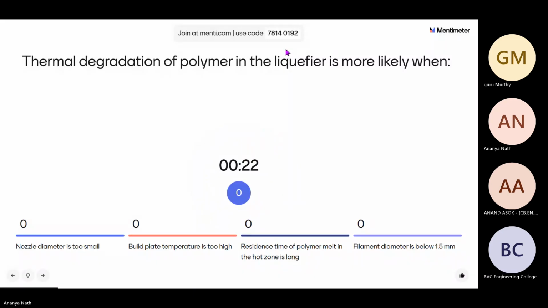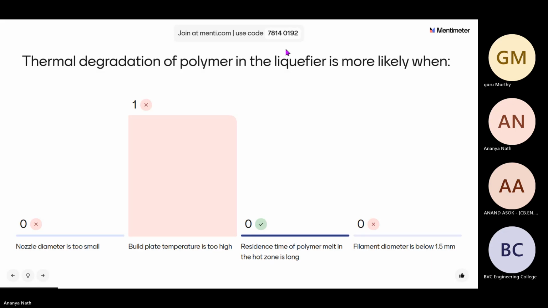The main thermal degradation of polymer. The thermal degradation of polymer in the liquefier is more likely when the residence time of polymer melt in the hot zone is long.